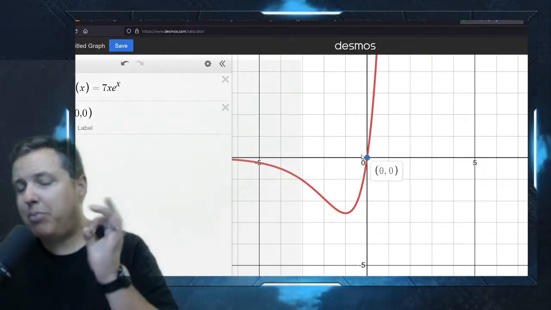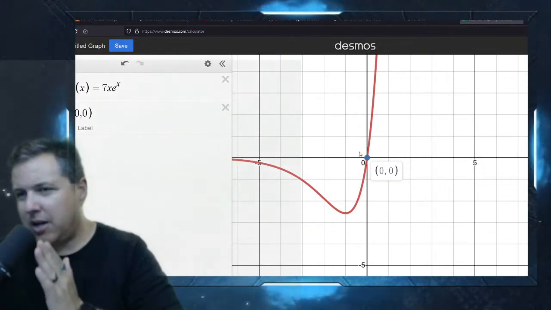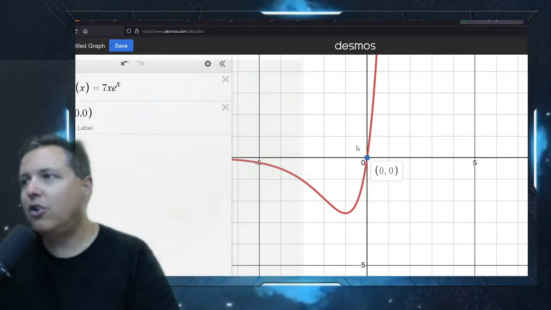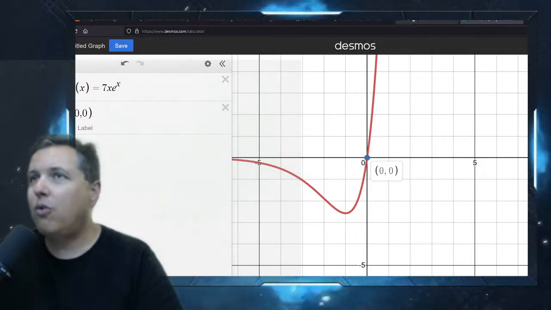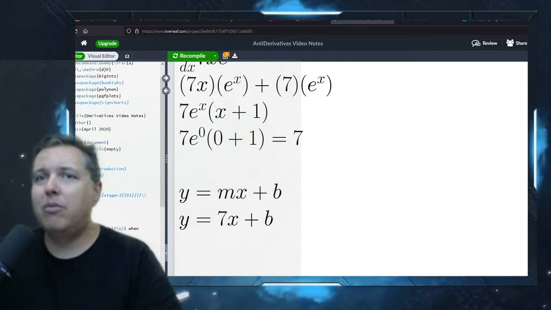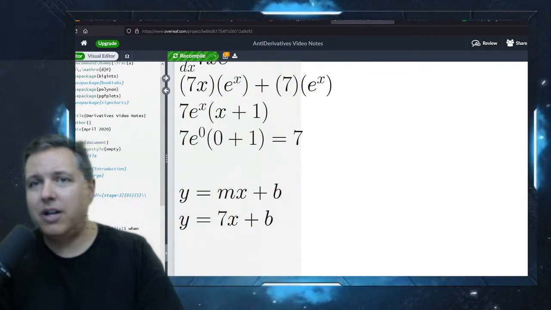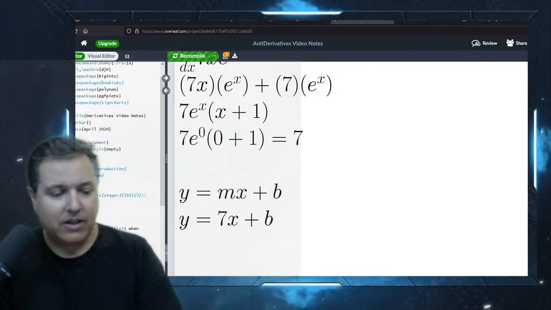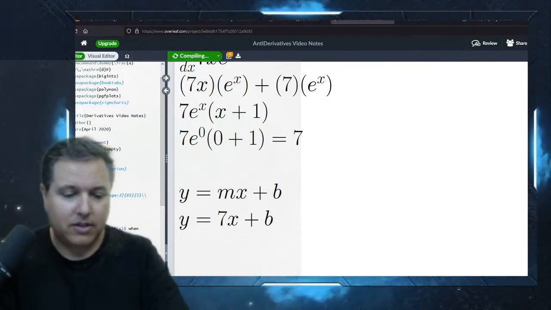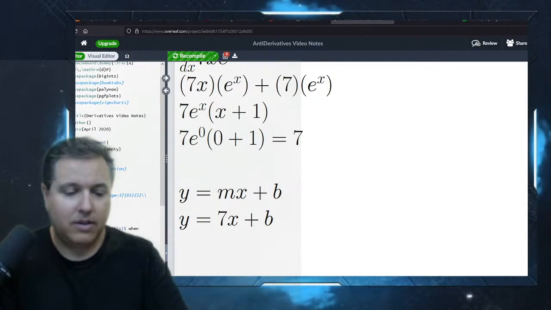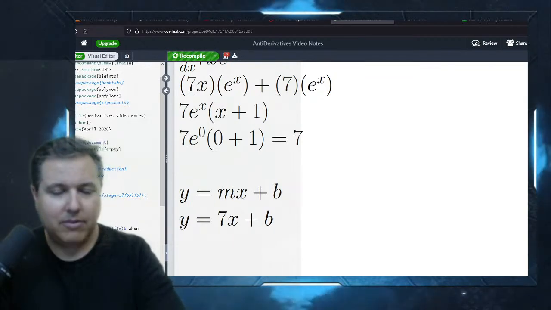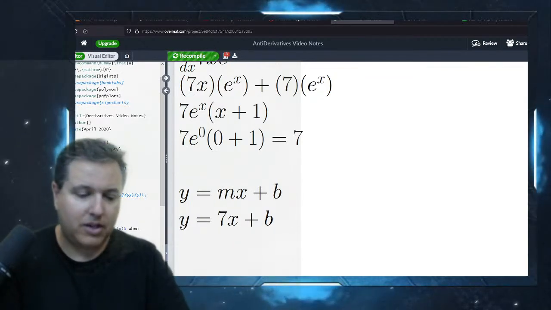So we use that point where the tangent line just barely touches the curve to solve for our y-intercept. That part's easy, and especially in this problem, we're just going to plug in 0, 0. So that becomes 0 equals 7 times 0 plus b.